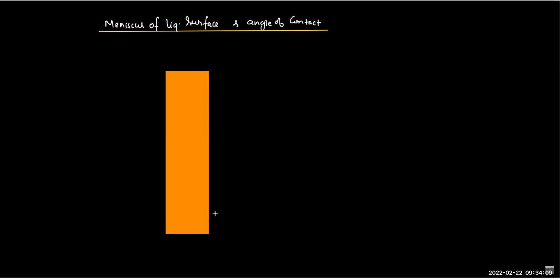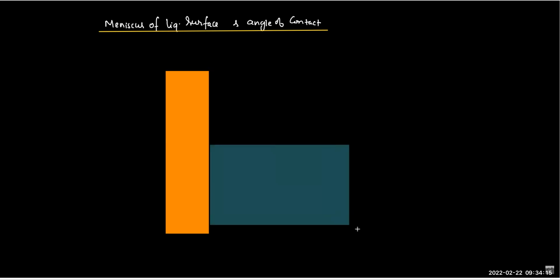Let's say this is a wall, and near this wall we have some water or any liquid, not just water. It could be any liquid. So the water will not remain like this. Either it will take the form like this, or in some cases it may be like this.